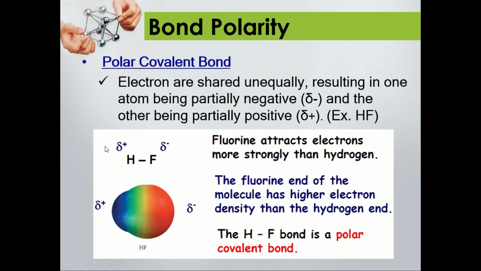Hydrogen has a partial positive because it kind of loses an electron, while fluorine has a partial negative because it kind of accepts the electron. But take note, class, this is a covalent bond. Covalent bonding happened here too, so they are still sharing their electrons. It just so happened that the electrons are more attracted to fluorine because fluorine has higher electronegativity than hydrogen, creating the partial charges. That is why it's a polar covalent bond.